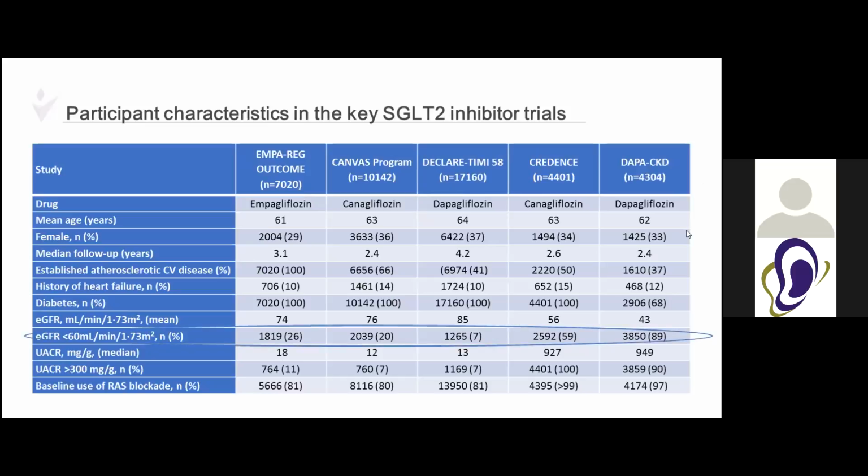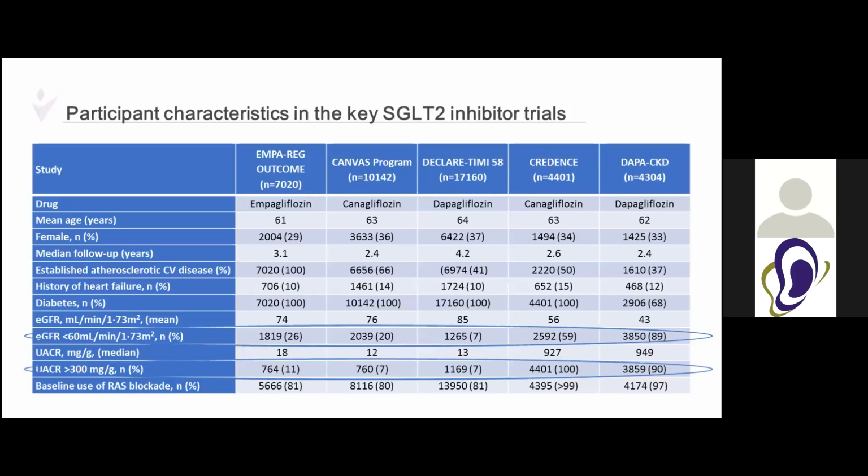The important thing is very few of them, other than the kidney trials, CREDENCE and DAPA, had enough patients with GFRs of under 60 or with proteinuria for us to be able to say anything about them, and hence the reason why these two were constructed and designed.